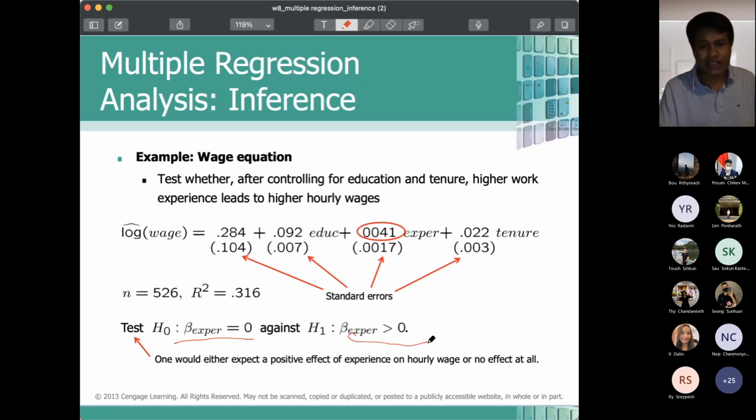We reject the null hypothesis only if t is higher than c. How do we construct t? Remember, t is the estimated coefficient divided by the standard error, right? Here, this is the coefficient, and this is the standard error.